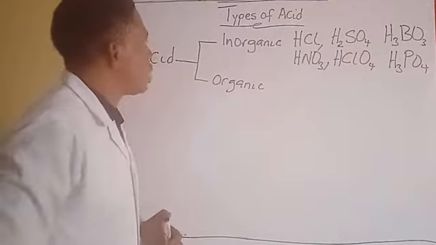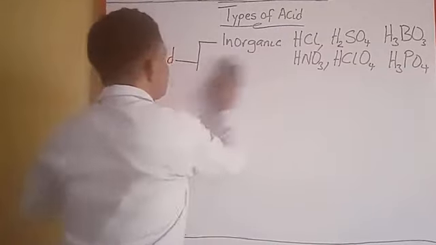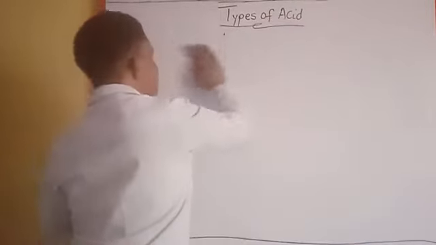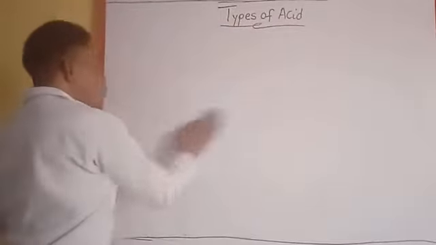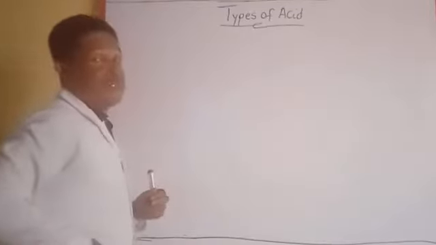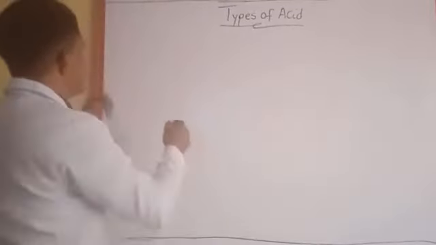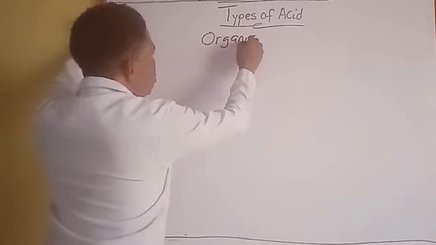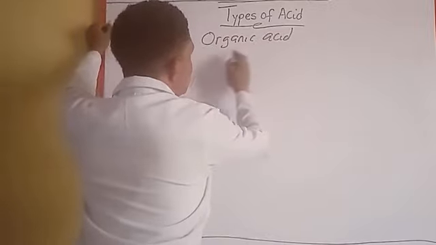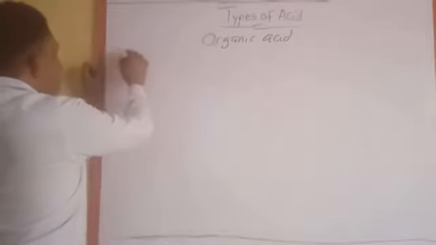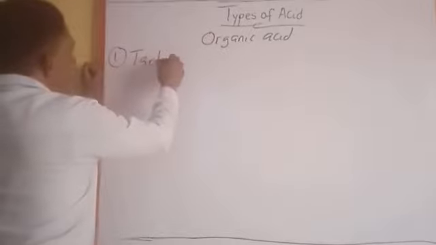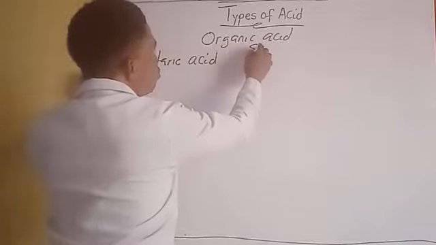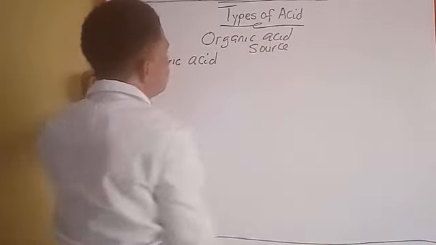Now let's talk about the organic acids. I'm going to give you the organic acids and the source where we can find them. Number one, we have tartaric acid. Now let's look at the source. Where can we find it?